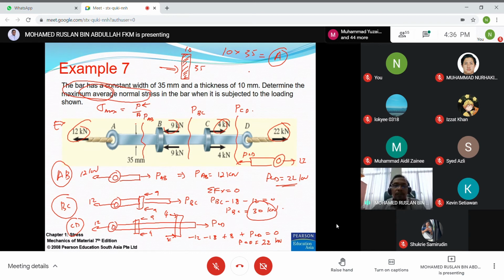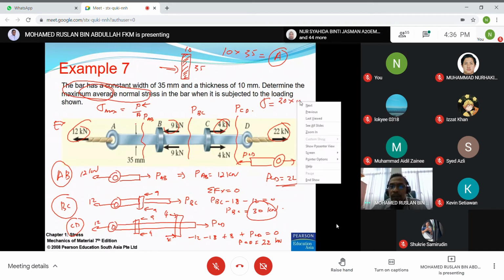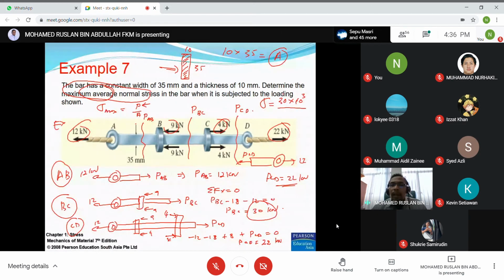So from that, the average normal stress is sigma equal to force maximum, 30 kilonewton, divided by the area. Area equal to 35 multiplied by 10 to the minus 6. So that is the answer, the sigma maximum, the average normal stress maximum.